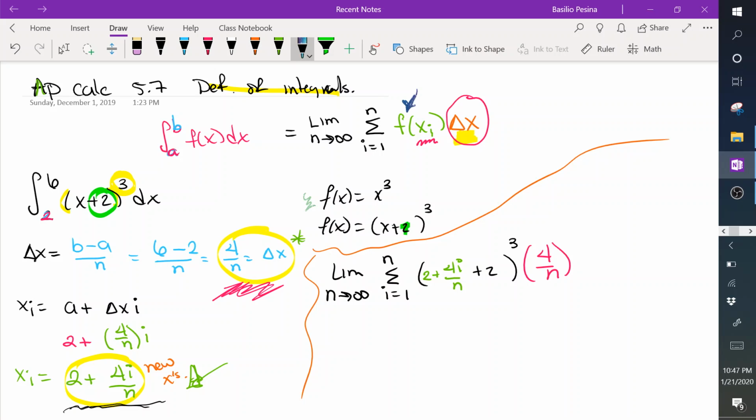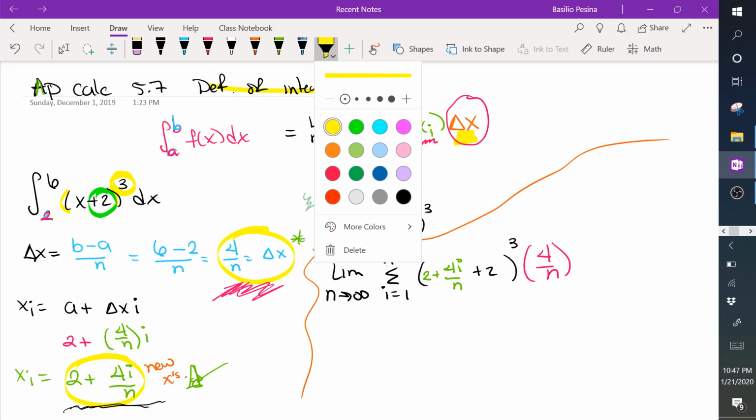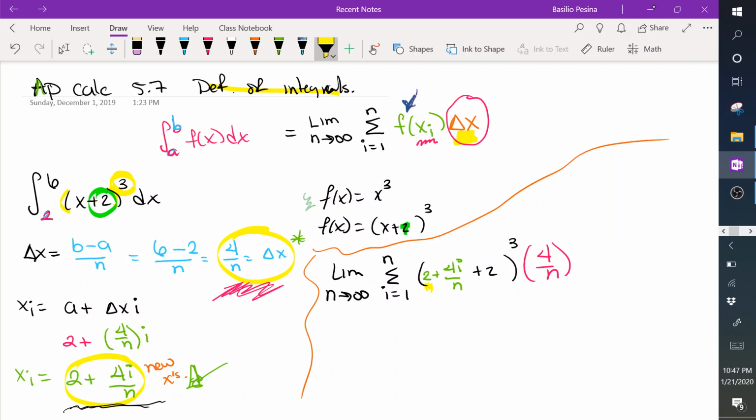Now, if we look at this part right here, we can see that there's some stuff that we can combine. This 2 and this 2 can combine like terms. So our answer should be 2 plus 2, that gives me 4, plus 4i over n, to the third, times my delta x.